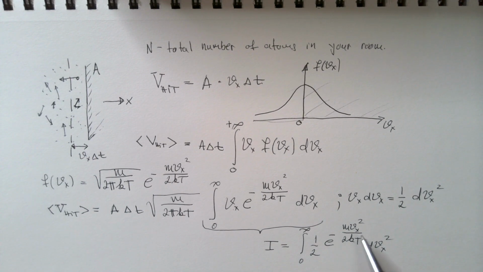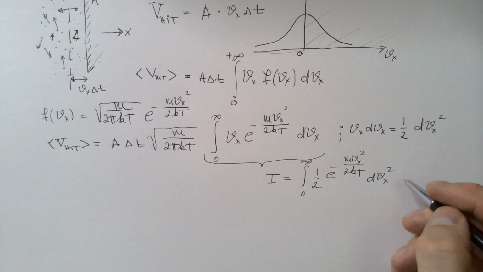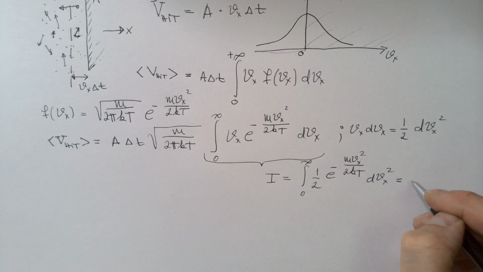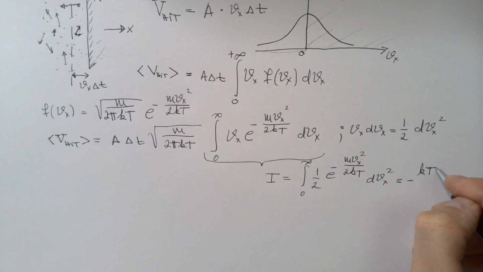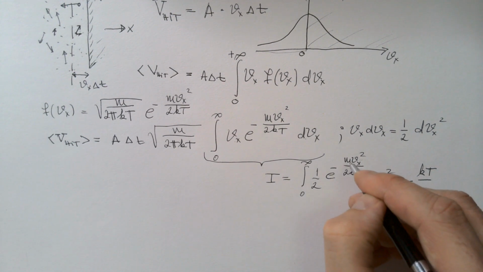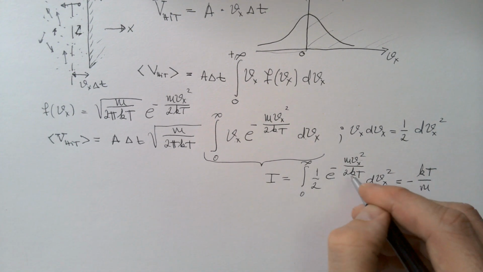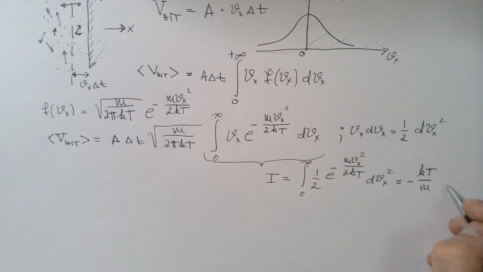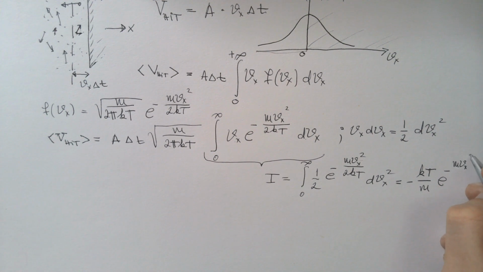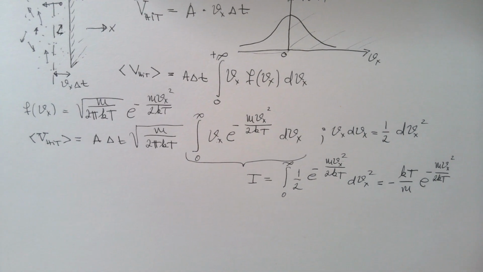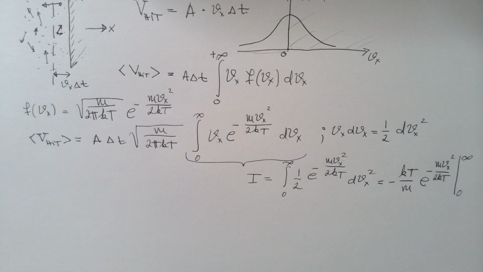Now this is just like the integral of e to the negative x dx, because here we have x squared and we have dx squared. The solution of this integral is, of course, minus kT divided by m, because m goes downstairs and this 2 cancels with this 2, times e to the negative m Vx squared divided by 2kT, with limits between 0 and infinity.